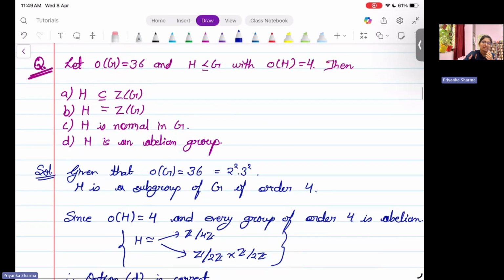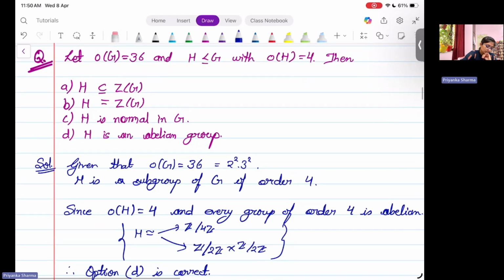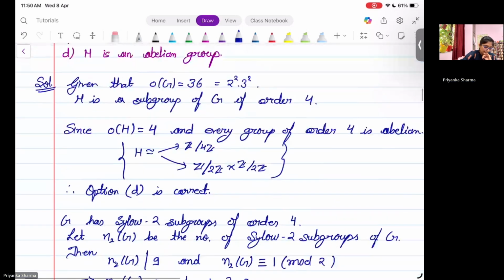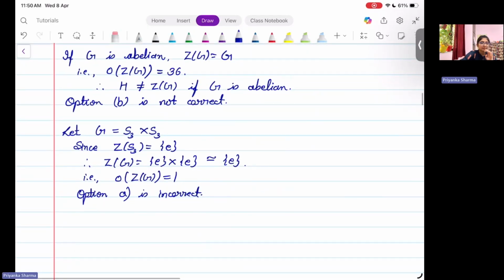Now, what about C? If the question is single correct, then we can say this is true that H is an abelian group, but we can also find out whether H is normal in G or not. For that, again, we need to consider some non-abelian group.